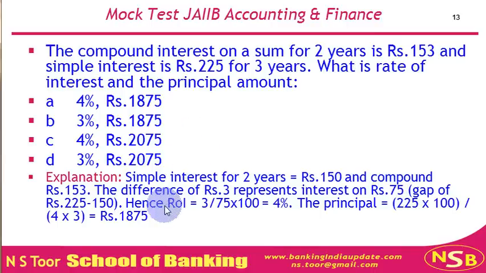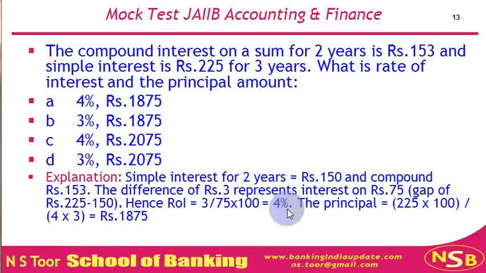Hence the rate of interest shall be the difference amount divided by the principal amount into 100. Difference amount is 3, principal amount is 75, because this 3 is interest on 75 rupees, multiplied by 100, so 4%. So 4% should be the rate of interest.